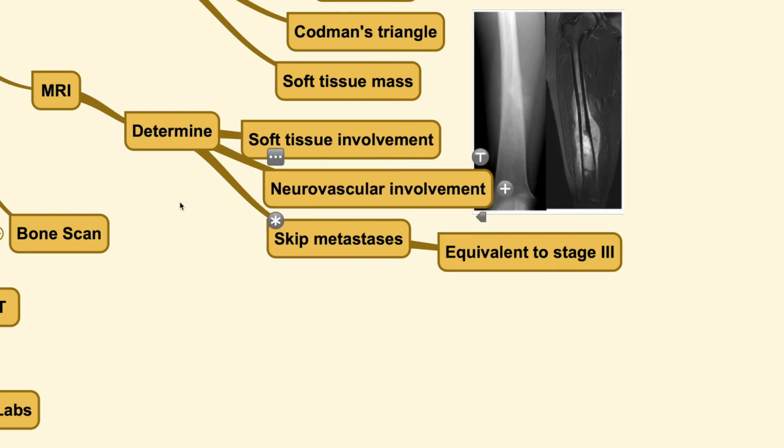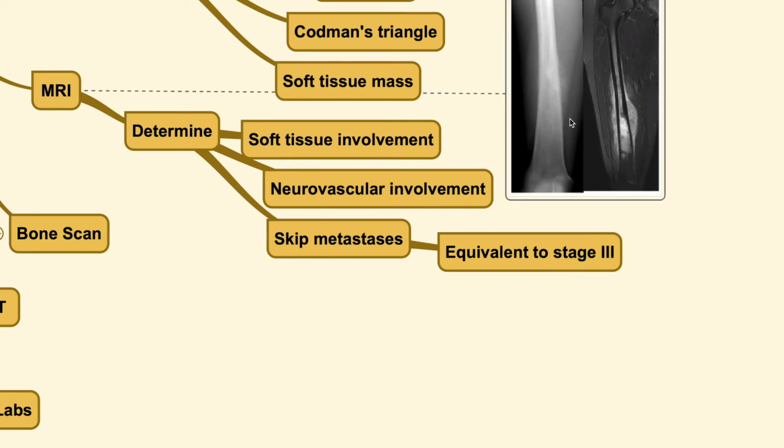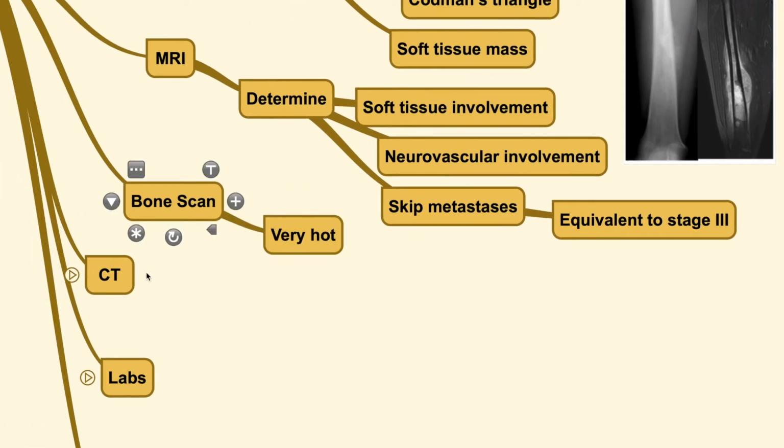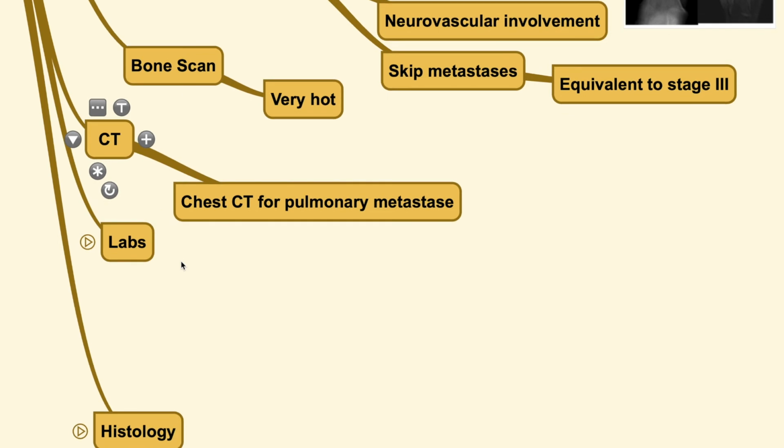If the neurovascular bundle is clear, then definitely the patient has fulfilled one of the criteria to undergo limb salvage surgery. Next would be bone scan, which would usually appear very hot.